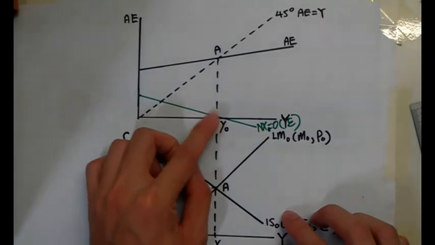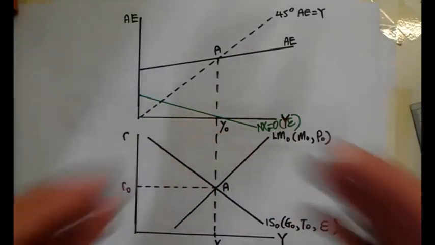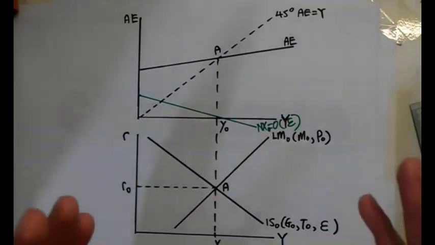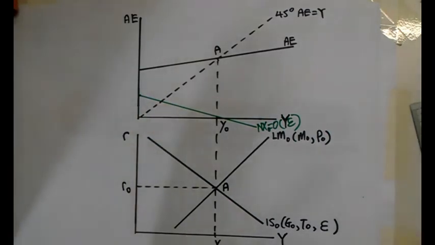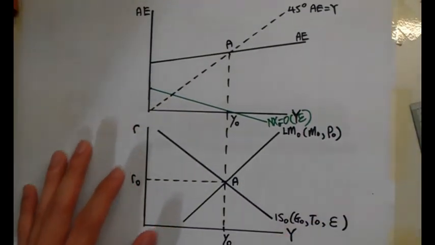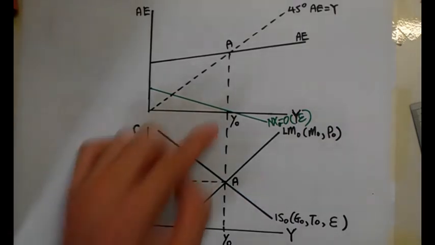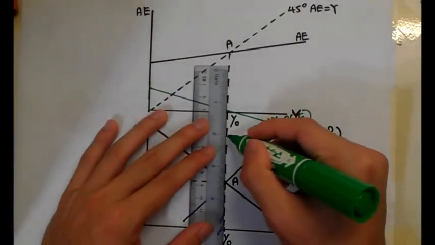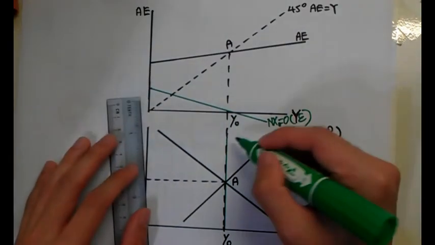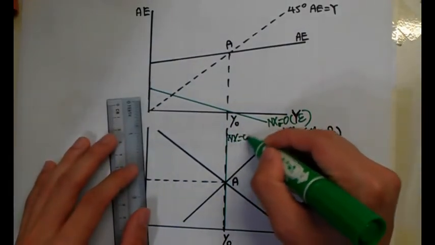And at this point, okay, at this income level Y0, NX is equal to 0. Okay, now with everything constant, with exchange rate unchanged, price level unchanged, everything unchanged at Y0, that is where NX equals 0, and that's where the economy will want to be, and that's why we have a vertical line over here which is called NX equals 0.